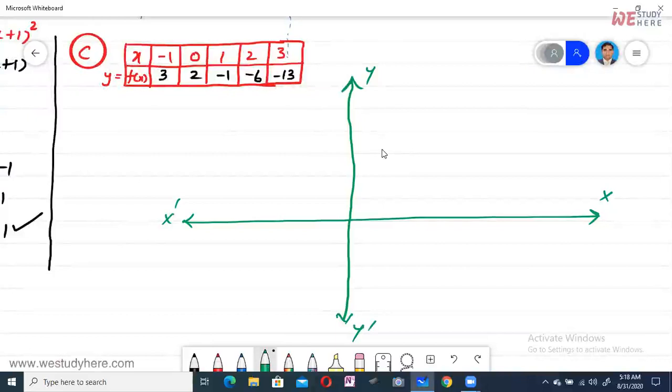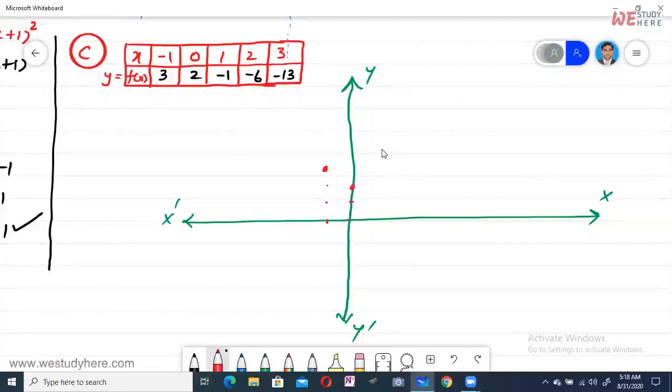For these x's, when you draw in your notebook, you can use a scale. Here the first point is (-1, 3). X is -1, y is positive 3: 1, 2, 3. Then (0, 2). X is 0, y is 2.